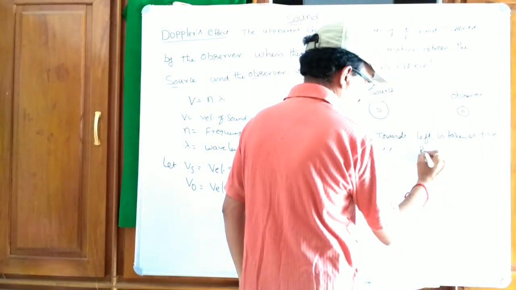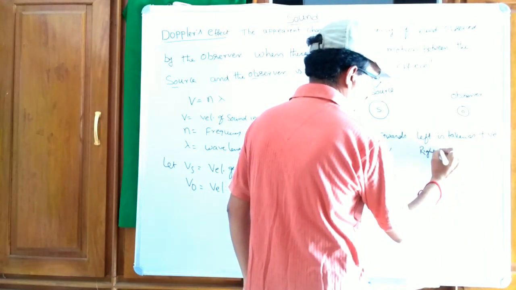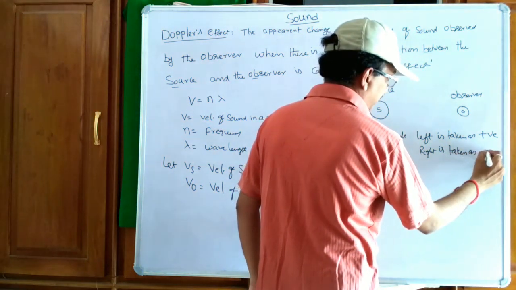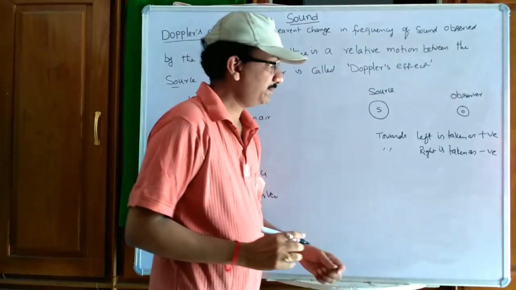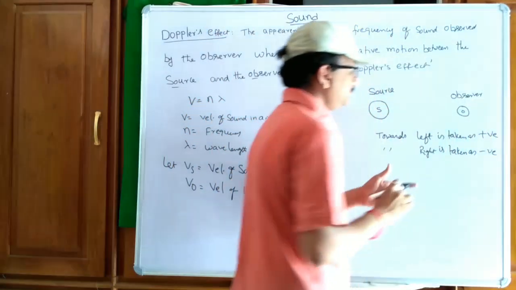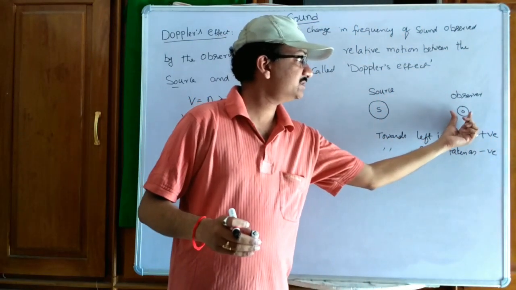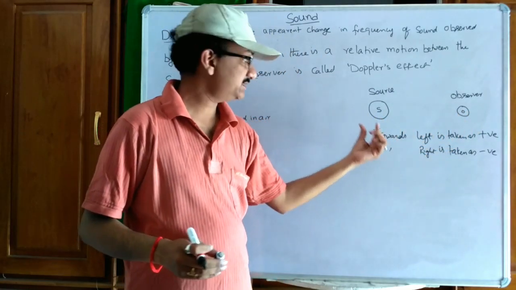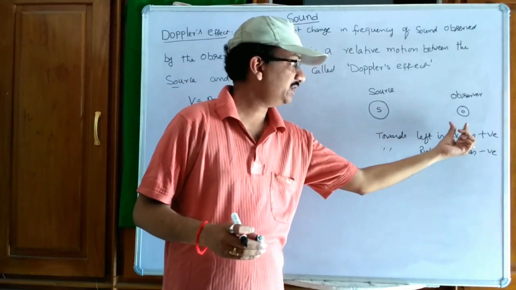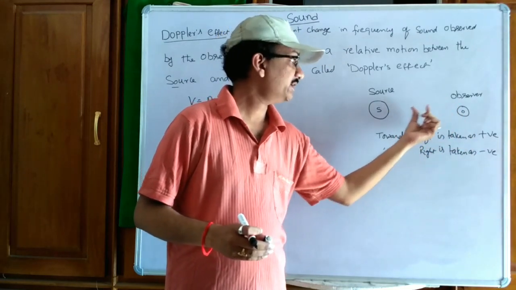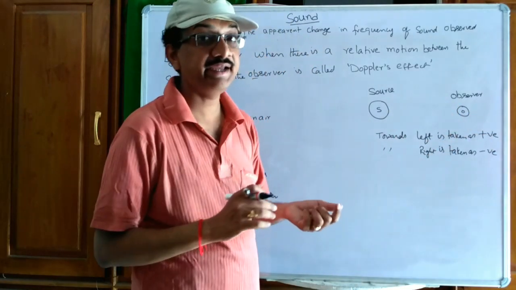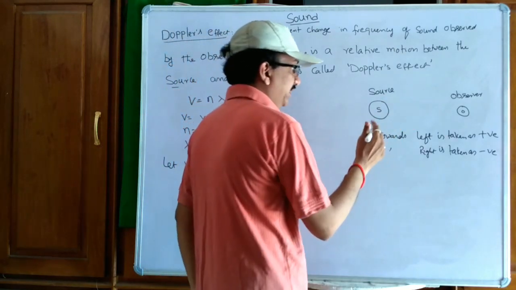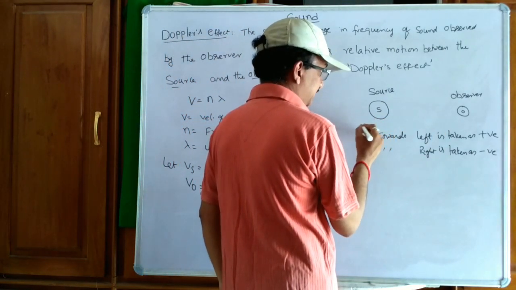Towards right is taken as negative. Remember, if the observer is moving, left hand side is taken as positive, that means VO, and right hand side is taken as negative, that is VO is equal to minus.